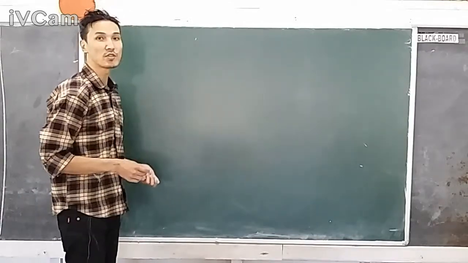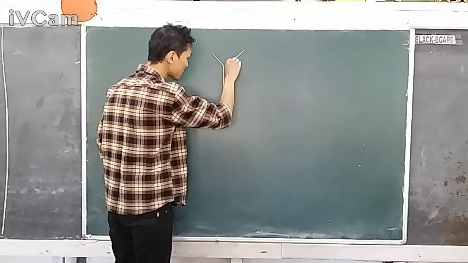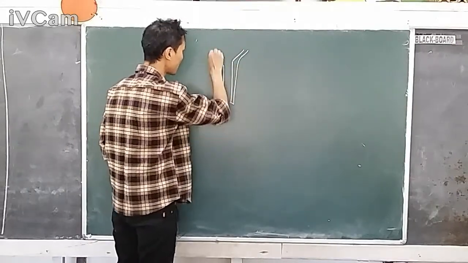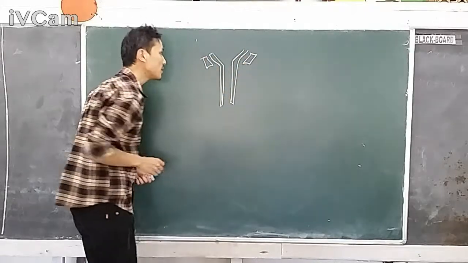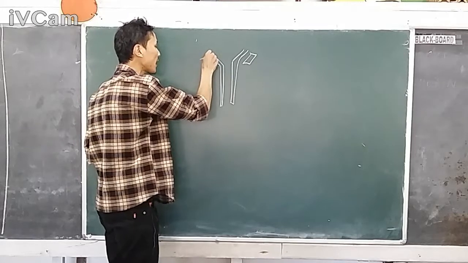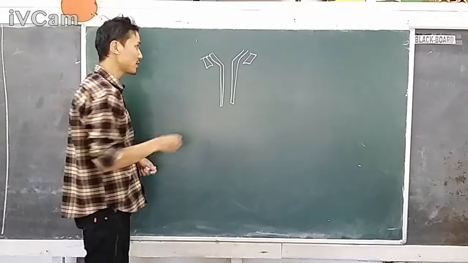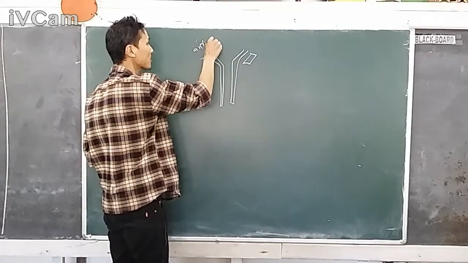Now how the antibodies basically act on pathogens: I've already told you, it is made up of 2 chains, heavy and the light chain. This gap between the heavy and the light chain is the site for binding antigens.